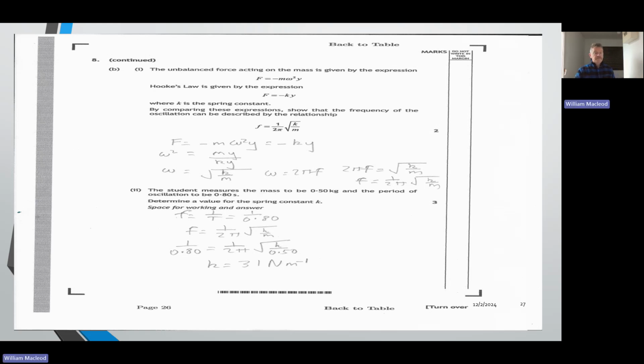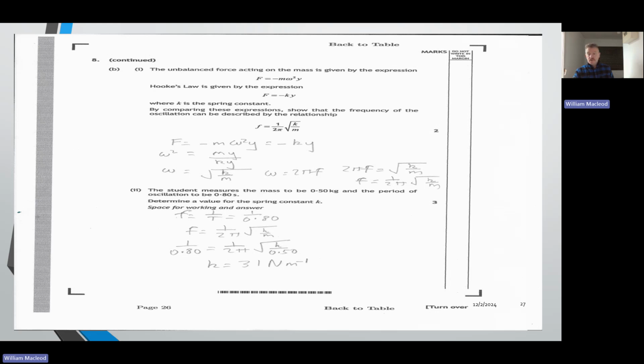So what you do is, force is equal to minus m omega squared y is equal to minus ky. You rearrange that to get omega squared is equal to k y divided by m y. So then you know that omega is equal to the square root of k over m.